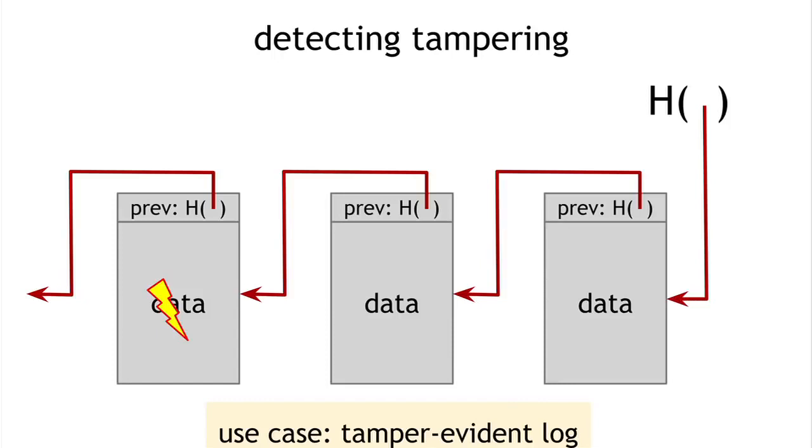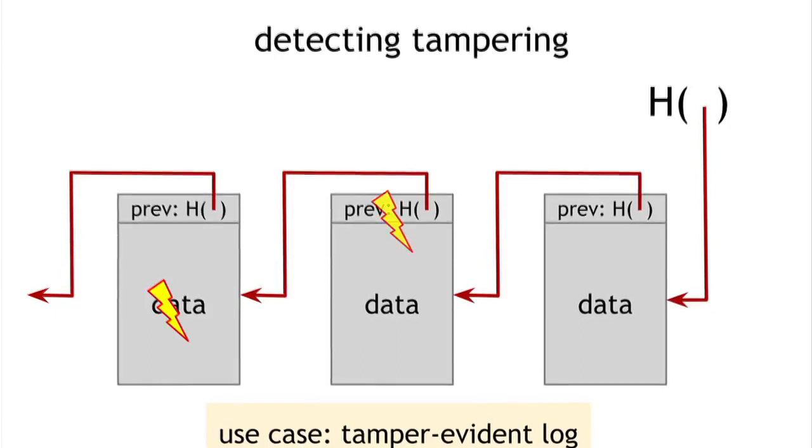Or we could do that unless the adversary also tampers with the hash pointer. If he tampers with this hash pointer, then he makes these two match up. But now he's changed the content of this block. And what that means is that when we come back later and hash the contents of this block, it's not going to match the hash that we remembered before, because the contents of the block have changed.